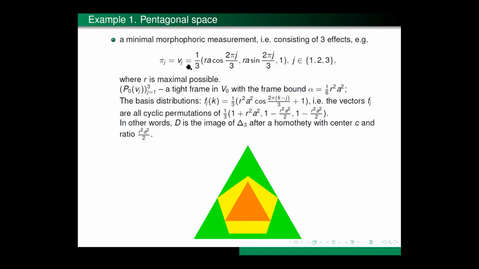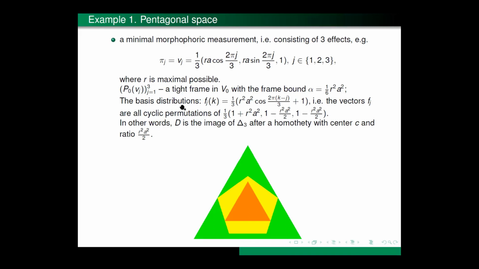So we take 3 vectors such that they correspond to vertices of the equilateral triangle, and we take here our maximal possible R. I wrote here maximal possible just because the formula for R is quite complicated, and it's not really important here.